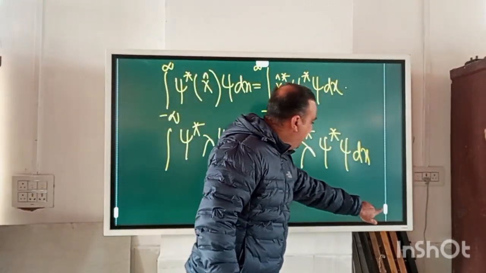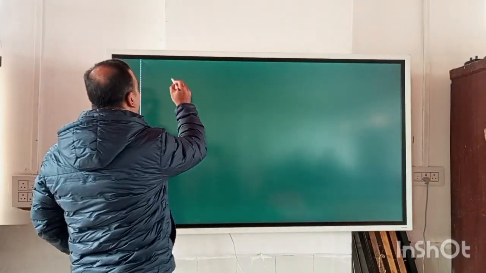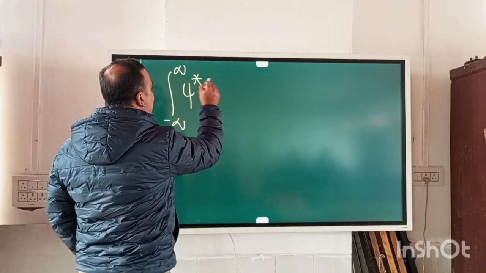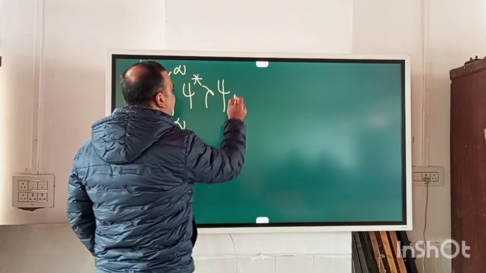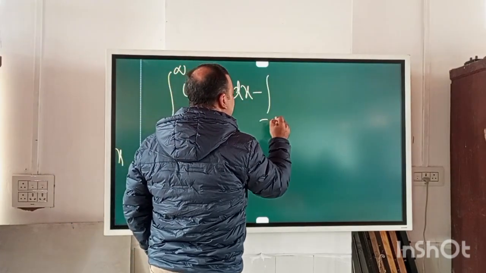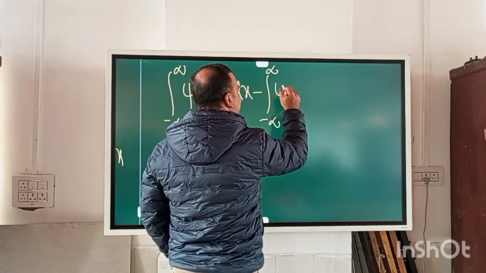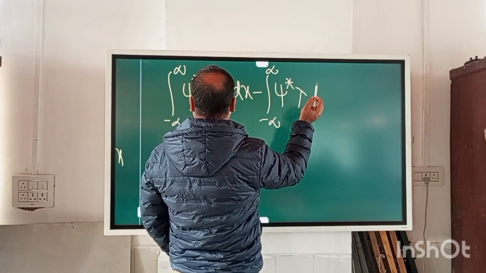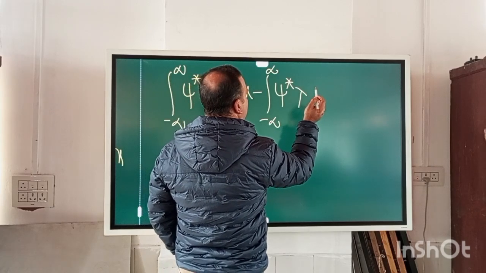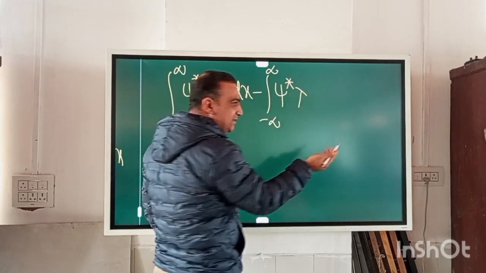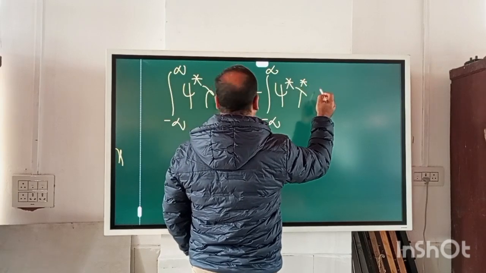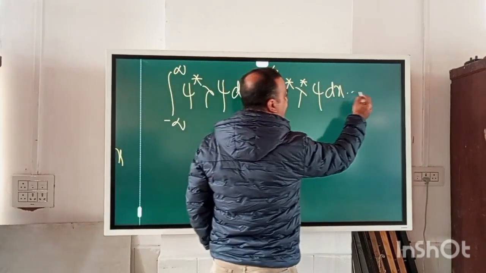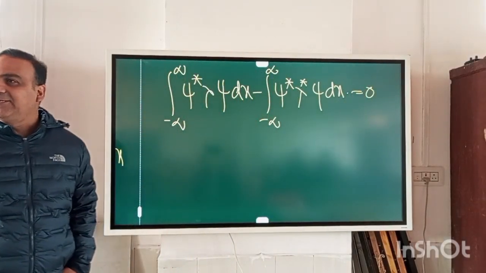So what I do now: this is the integral from minus infinity to infinity of psi star lambda psi dx, minus the integral from minus infinity to infinity of psi star lambda star psi dx, is equal to 0, isn't it?